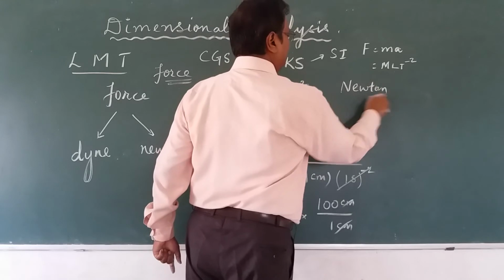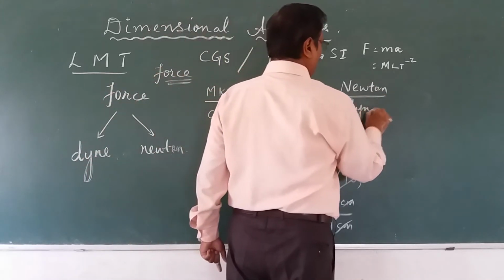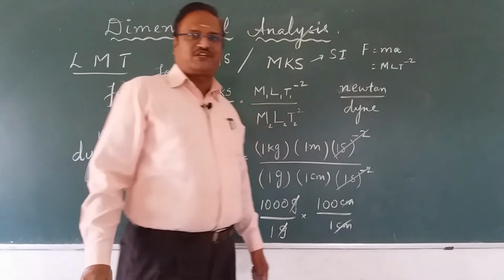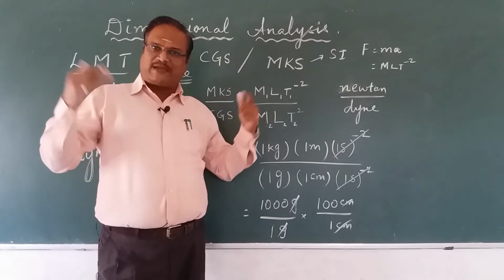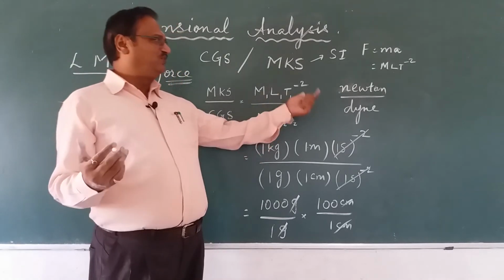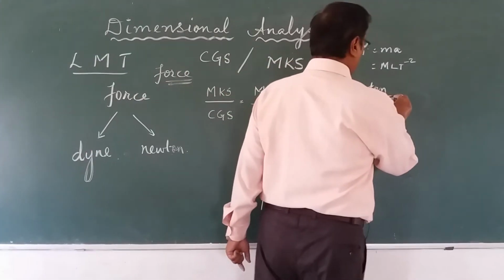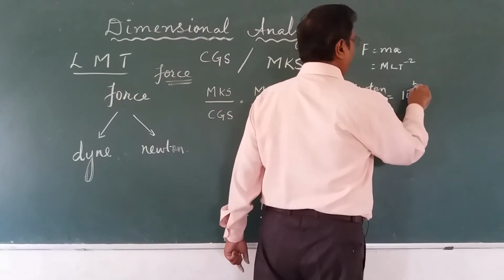Newton divided by, what is the CGS unit? Dyne. See, we always write units with a small letter. It's a standard procedure. Though the scientist's name has a capital N, when writing the unit we use a small letter. So what number did we get? 10 power 5.